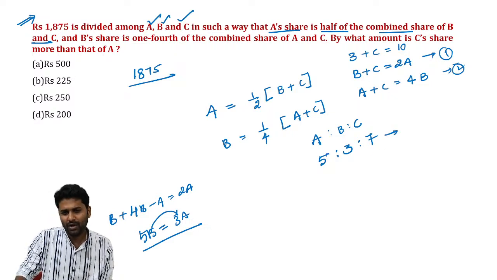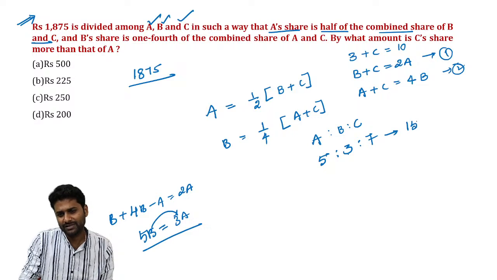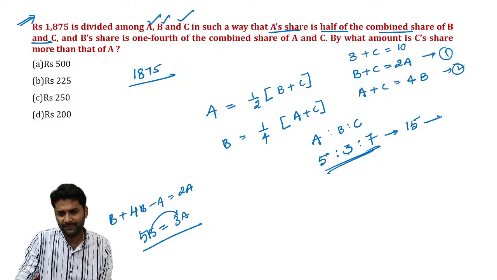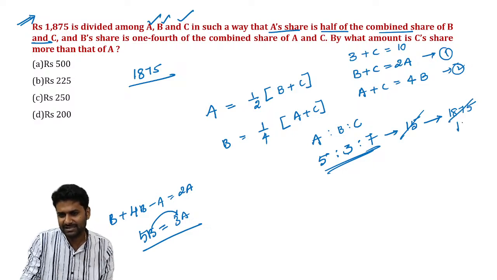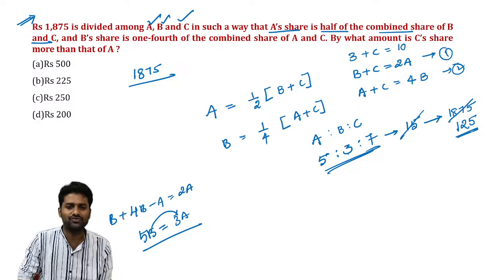Now you already know 5 plus 3 plus 7, the total value is equal to 15 units, the sum of these three parts. Then 15 units is the total and the value is given as 1875. Let's cancel here: 15 ones, 15 twos, 15 fives, so each unit is 125.